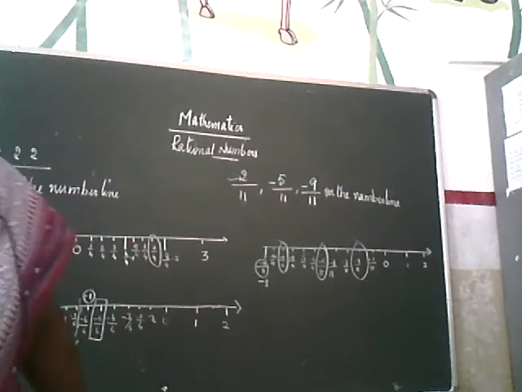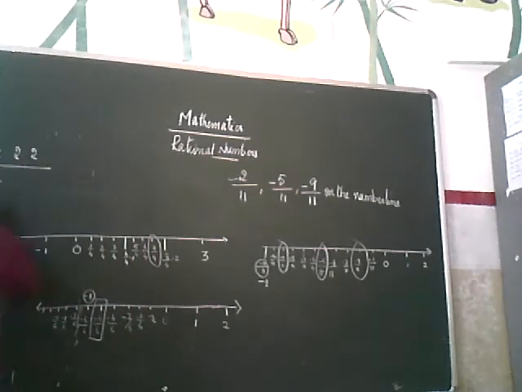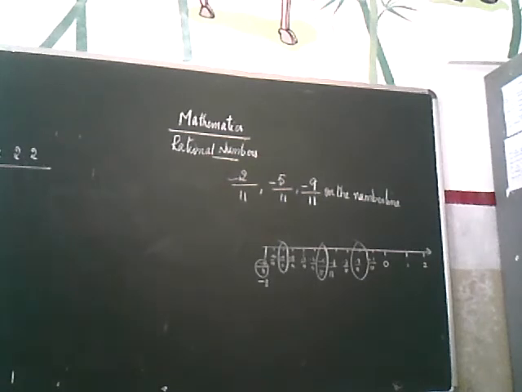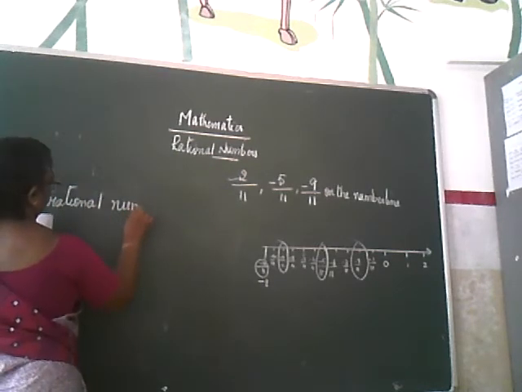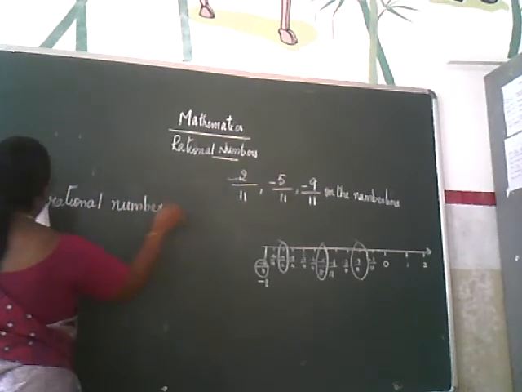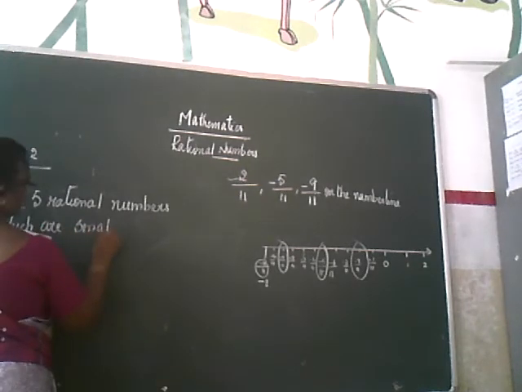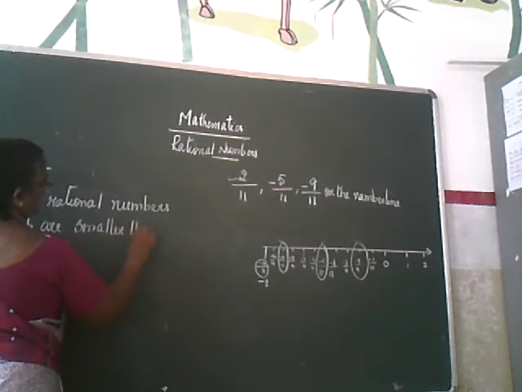Okay? Okay. Next. Let us move on to the next. Write 5 rational numbers which are smaller than 2, which are smaller than 2.